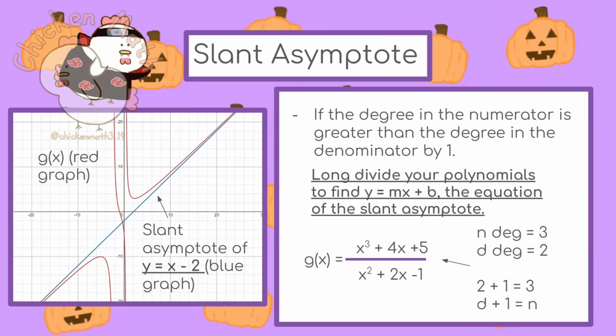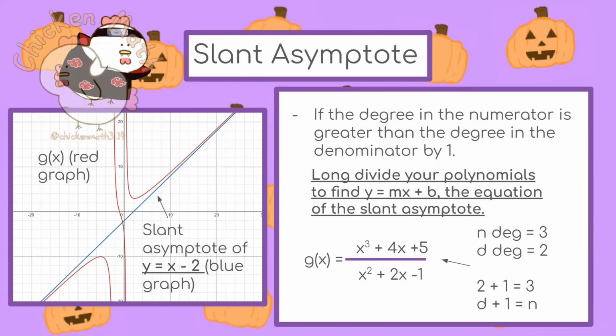Slant asymptotes. If the degree in the numerator is greater than the degree in the denominator by 1 in any function, long divide the polynomials to find the point slope form. This is the equation of the slant asymptote. So for example, we have here g of x is equal to x cubed plus 4x plus 5 divided by x squared plus 2x minus 1.